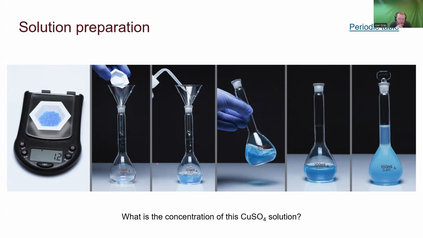You have to be very precise with the amounts. So in this case, somebody measured out 1.2 grams of copper sulfate. Now, I'm going to use my phone here to pull up the molar mass of copper sulfate, CuSO4, molar mass.